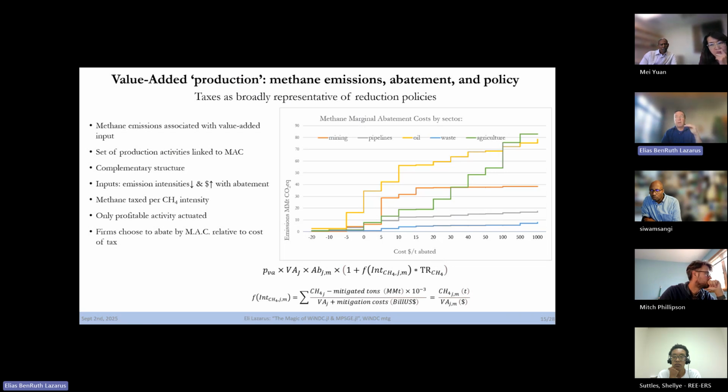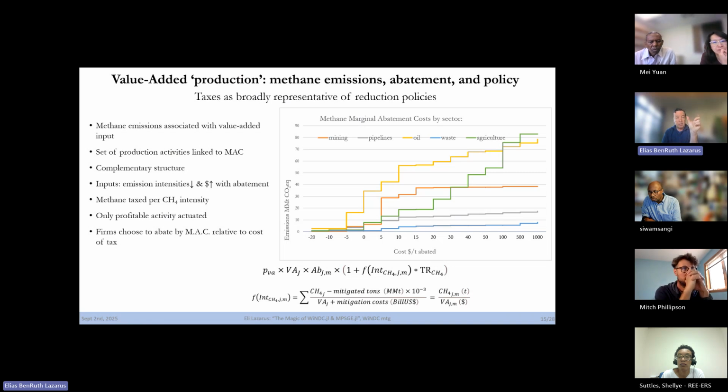So you can basically say, if there's no tax, I'm going to use the cheapest technology, the cheapest combination of labor and capital, but then I'm going to have the highest methane emissions. But as soon as methane is taxed, it's going to change my decision as a firm. I'm going to say, actually, it's cheaper than paying the tax for me to spend more money on capital and labor, to invest in some equipment, do more inspections, and reduce my methane intensity.